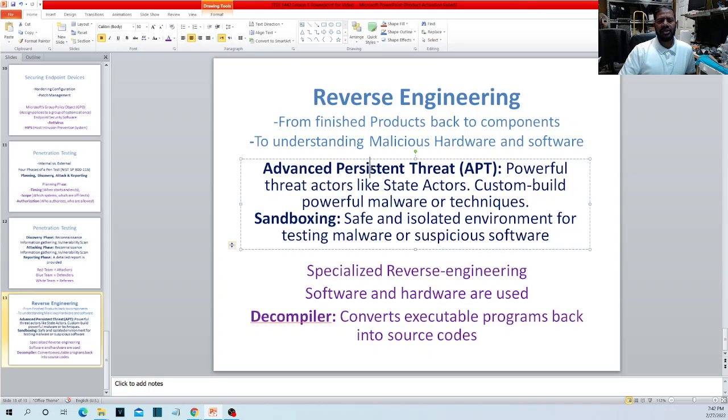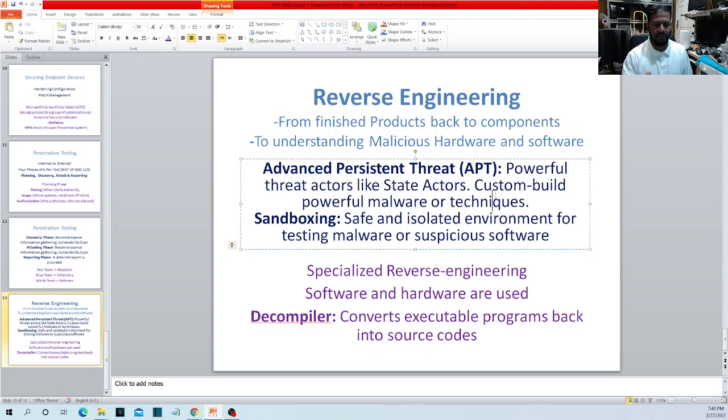Let's talk about advanced persistent threat, APT. Okay, these are powerful actors like state actors who have a lot of money, like Russian cyber attackers. Okay, hackers, American hackers who are hacking maybe Russia's system. So they have lots of resources and they customize.